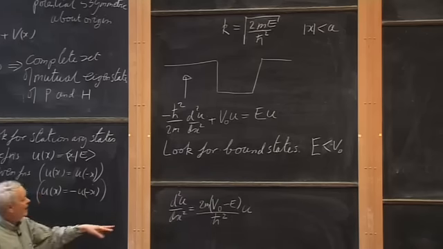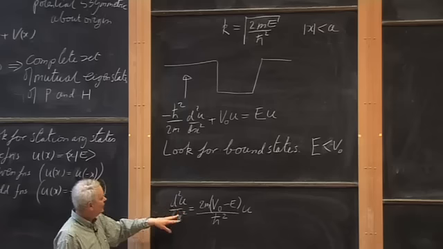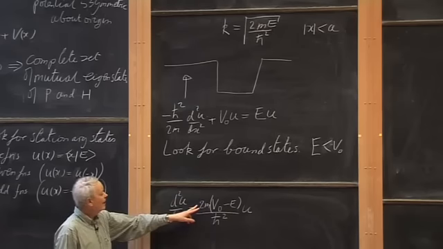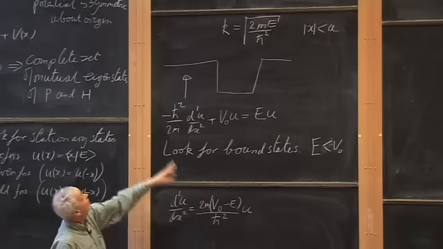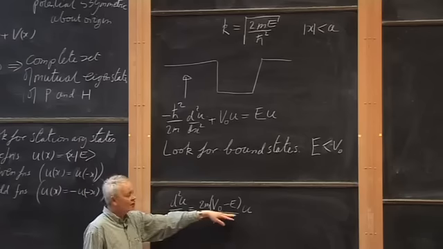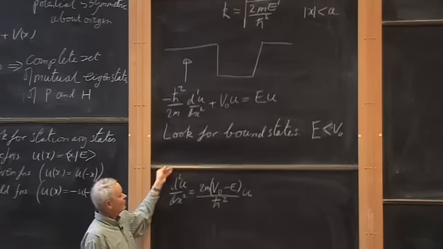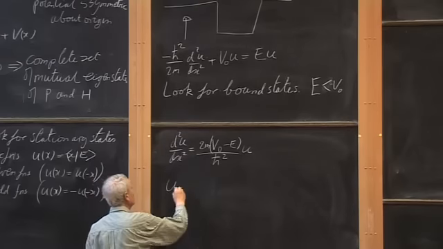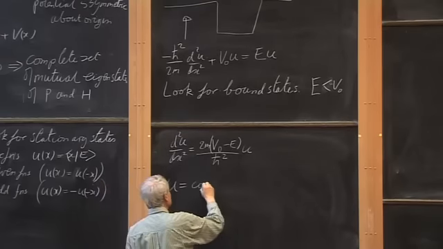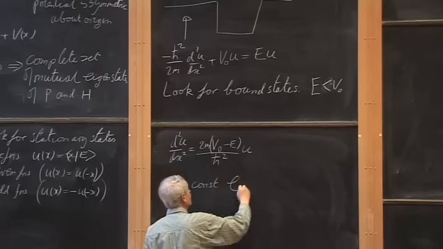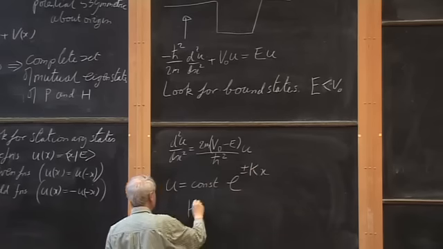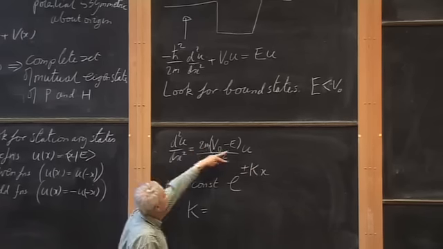So again, we have a double derivative equal to some constant times the function. But the difference is now that we don't have a minus sign here. So instead of having sinusoidal solutions, we have exponential style solutions. So the solution to this equation is that u is equal to a constant times e to the plus or minus Kx, where big K is the square root of this stuff here.